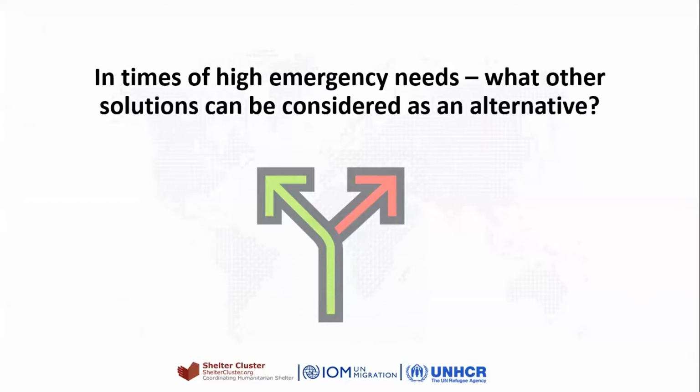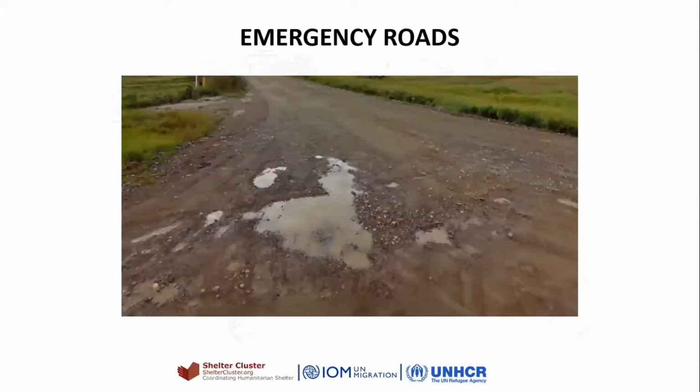So we have this type of emergency roads. What do we mean by emergency roads? Depending on the quick survey that we do prior, knowing the location, we do a very draft survey without considering all the elements we talked about in the last workshop.